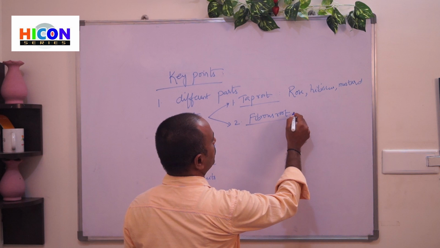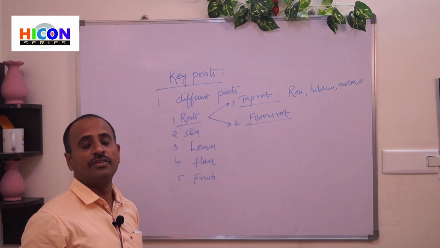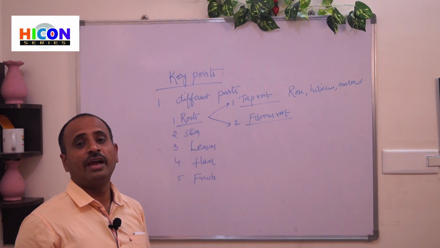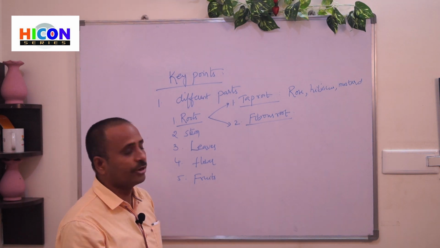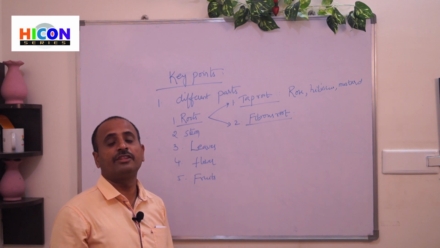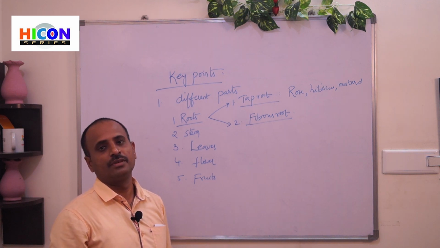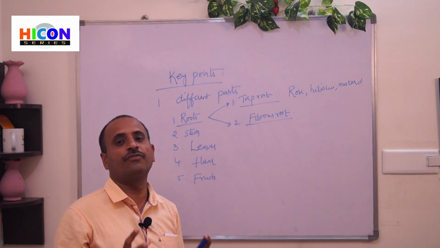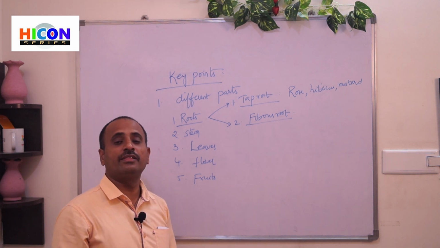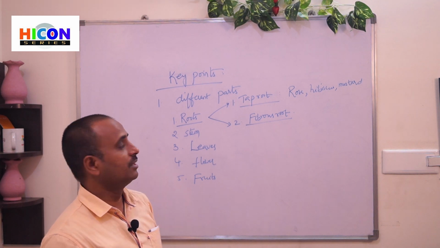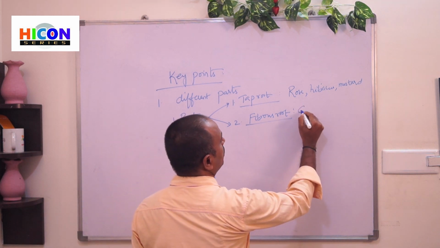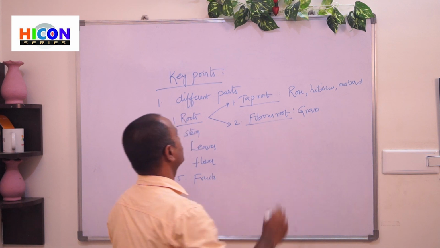And in the fibrous roots there will not be a main root, and a large number of tiny roots will be attached at the bottom of the stem, like a bunch of roots. That type of roots are called fibrous roots. An example is grass. So grass plants have fibrous roots.